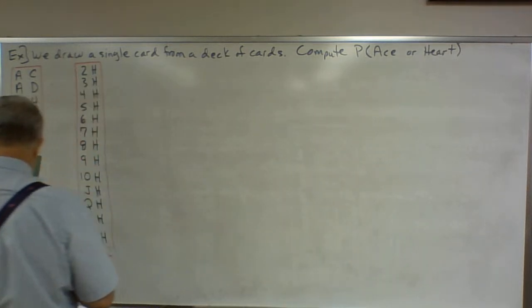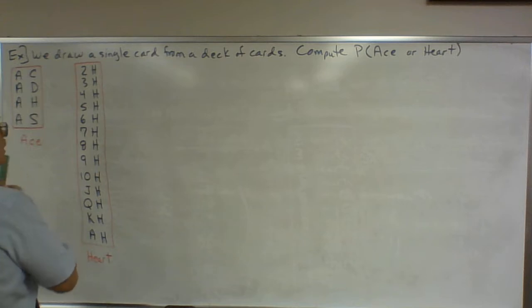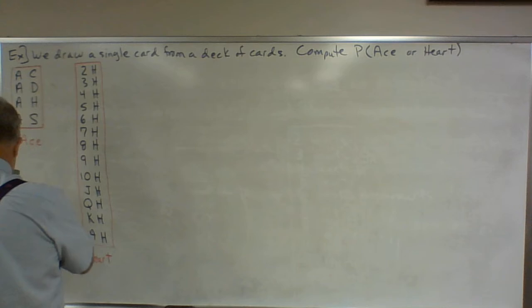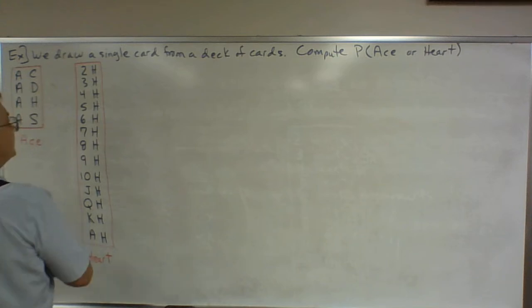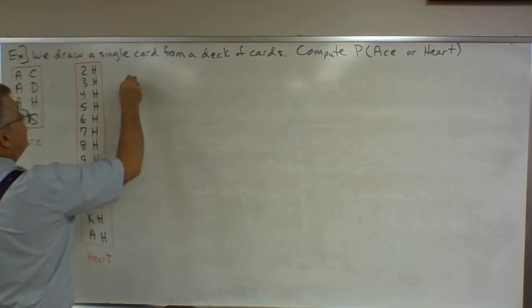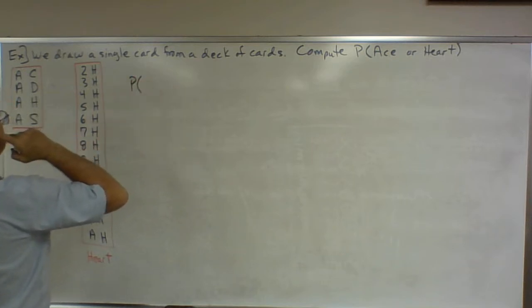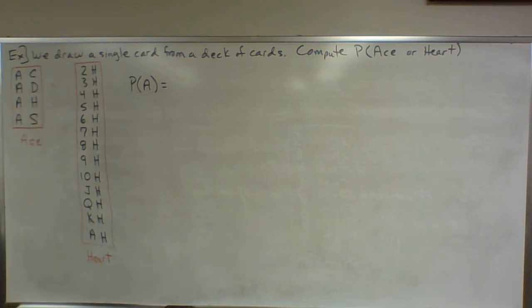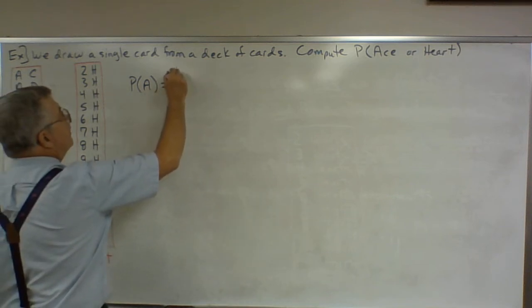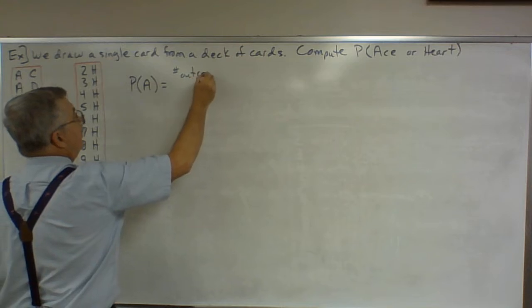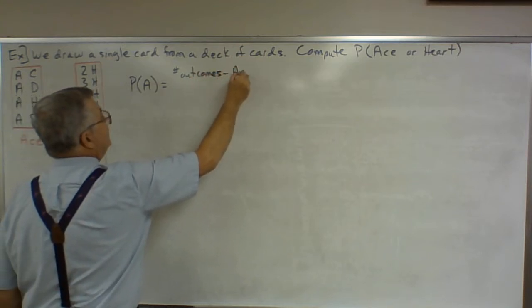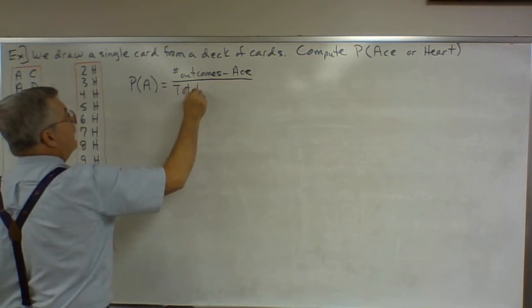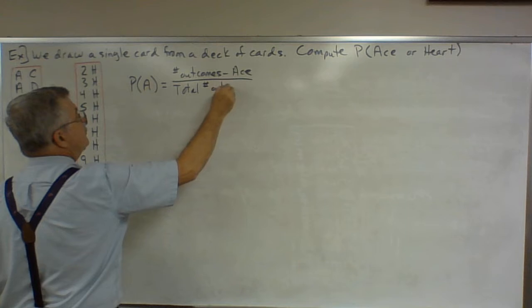The probability that we draw an ace, that's number of outcomes resulting in an ace over total number of outcomes.